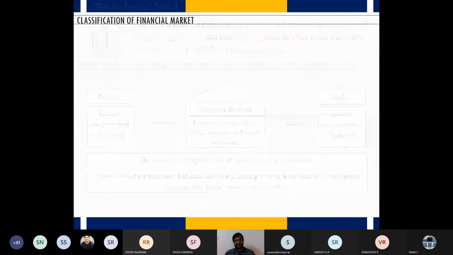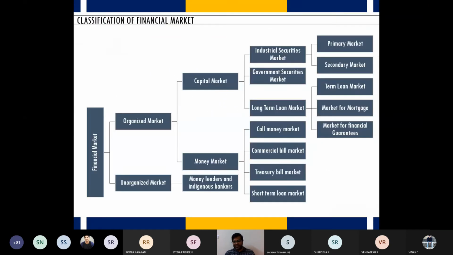So let's talk about the different classifications of financial market anywhere in the world. It's not just in India, anywhere in the world. This is how financial markets are broadly classified. They're either an organized financial market or an unorganized financial market. By and large, India used to be a highly unorganized financial market, but slowly, on account of various initiatives taken by the government, it is becoming more and more organized.